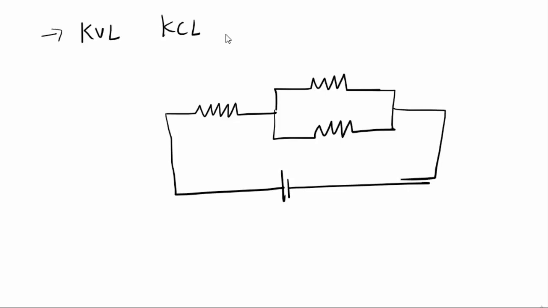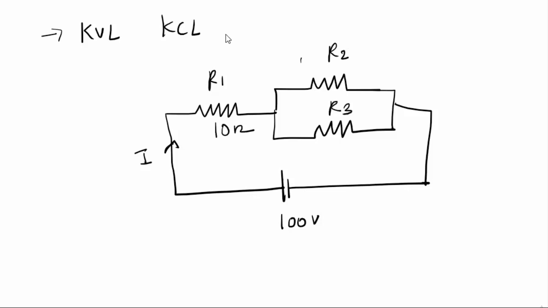This is my current I, which is flowing from the battery, which is 100 volt, and this is my resistance R1, this is my resistance R2, and this is my resistance R3. This is 10 ohm, this is 20 ohm, and this is 20 ohm.